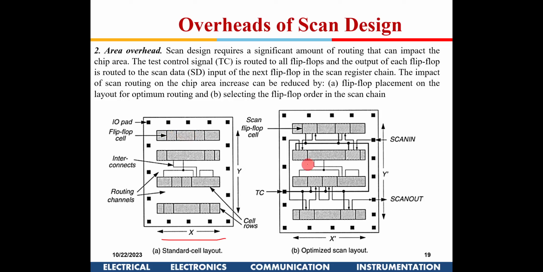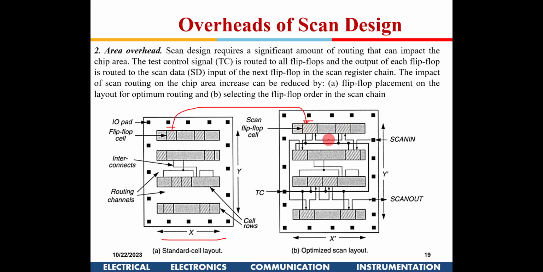Now when we modify it with a scan design, each of these flip-flops takes some additional space. This width is slightly more, because now additional 4 gates are also there.